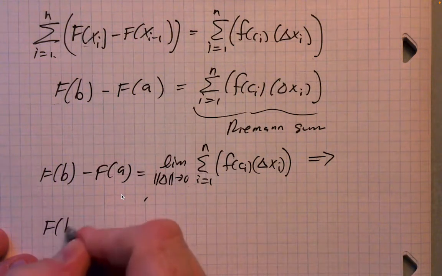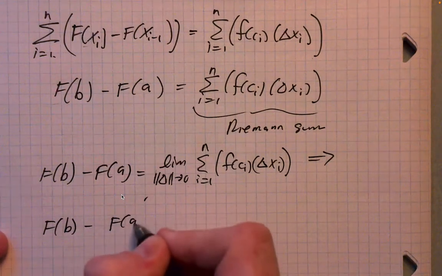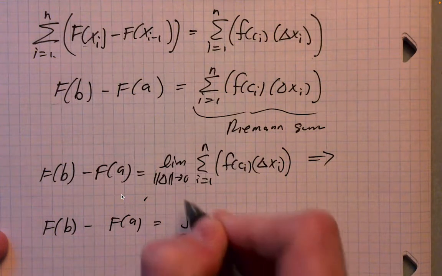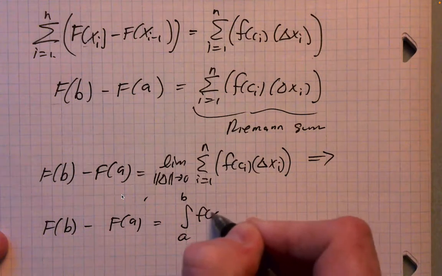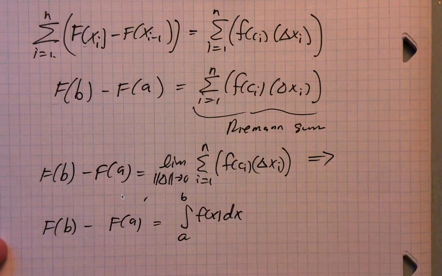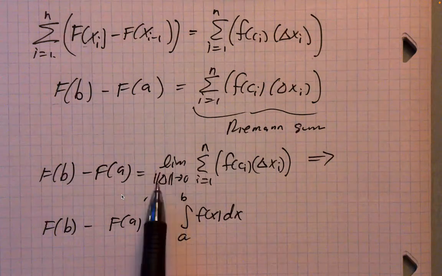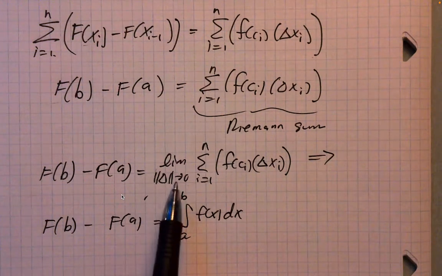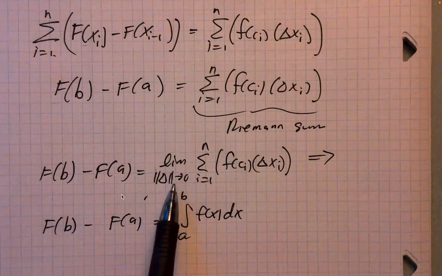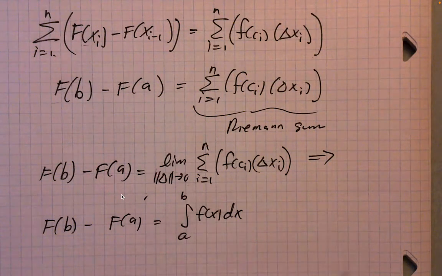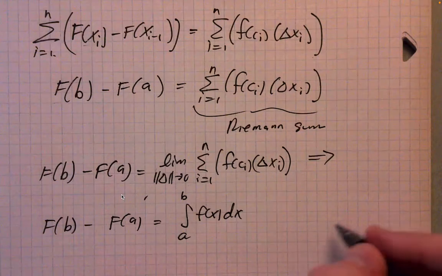So f of b minus f of a equals the integral from a up to b of f prime of x dx. And that's the result, that's what we're after. Letting this partition get finer and finer until the norm of the partition is approaching 0, arbitrarily close to 0, gets us to the definite integral.